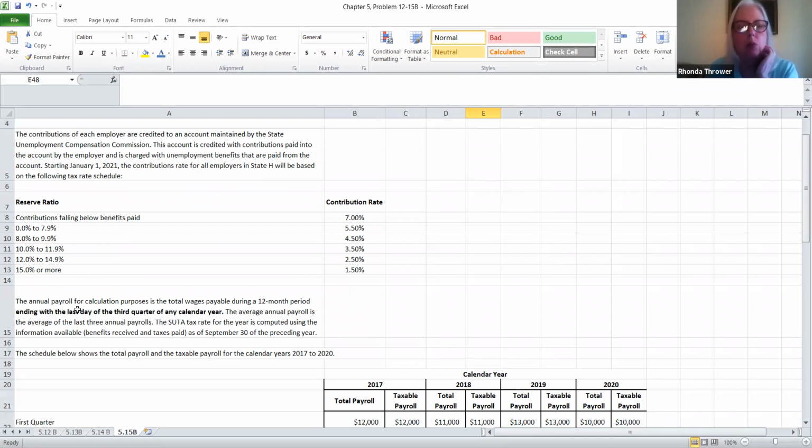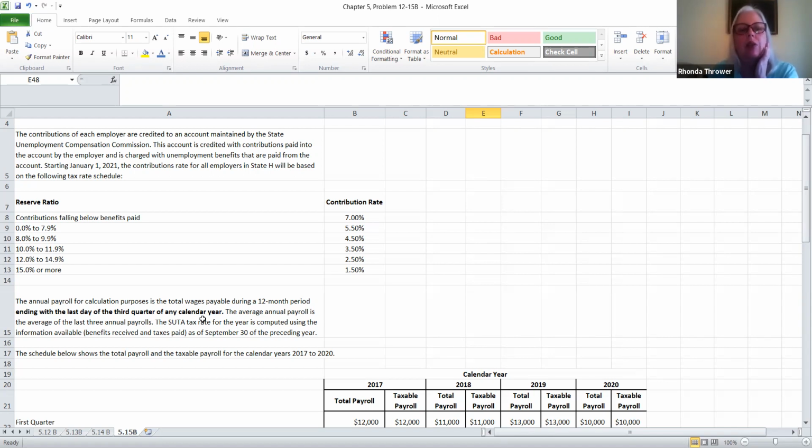The annual payroll for calculation purposes is the total wages payable during a 12-month period. I want you to really read this because it'll catch you if you don't. The 12-month period is going to end with the last day of the third quarter of any calendar year. So it's not ending on December 31st.